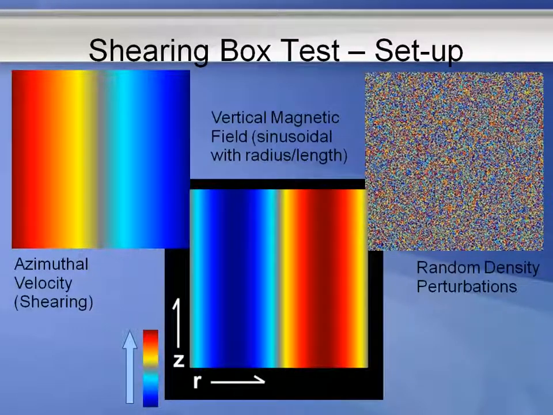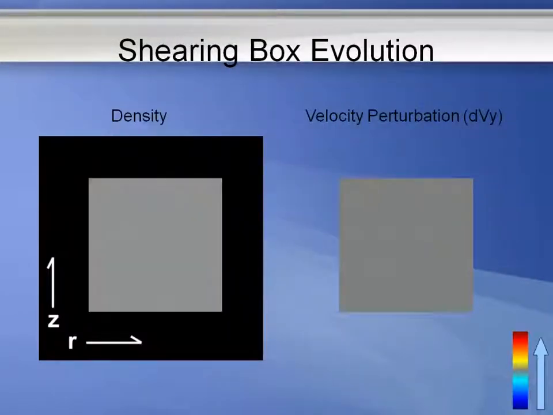A sinusoidal vertical magnetic field is applied here, and then the density perturbations are just allowed to be random, so it just looks like a bunch of specks up there. Those are all within a couple of percent of each other, however. And so now, for a first test, we just let this evolve through time.